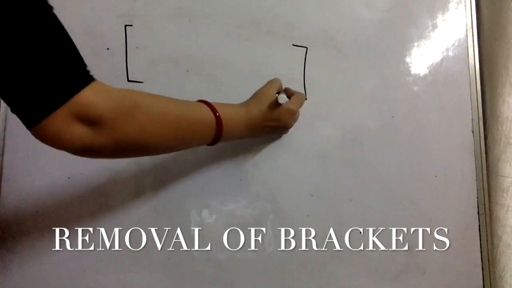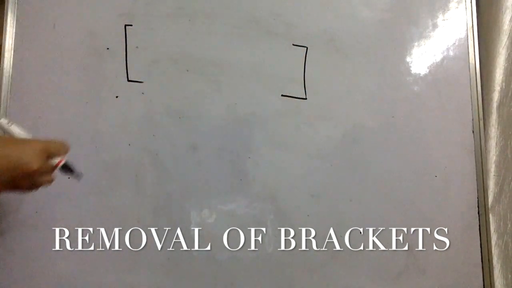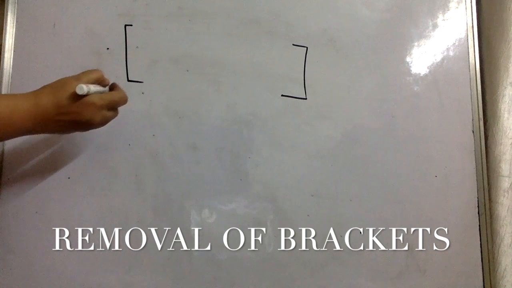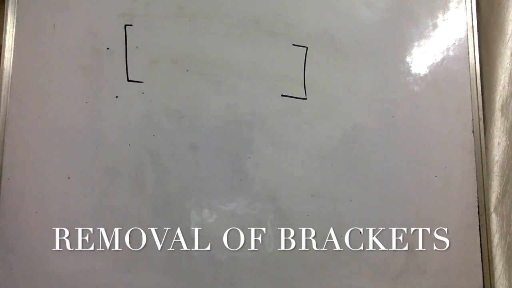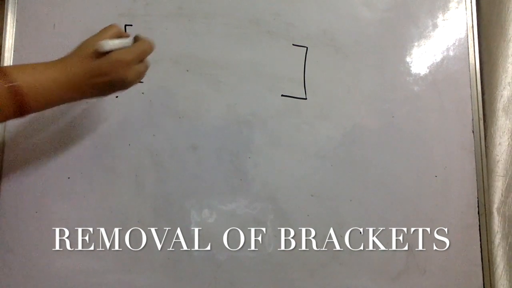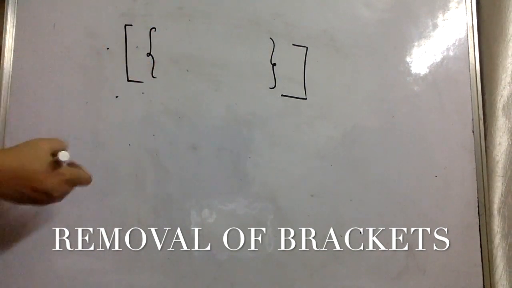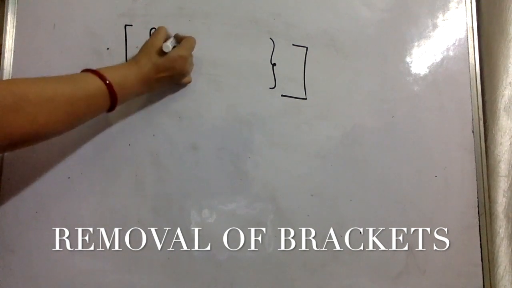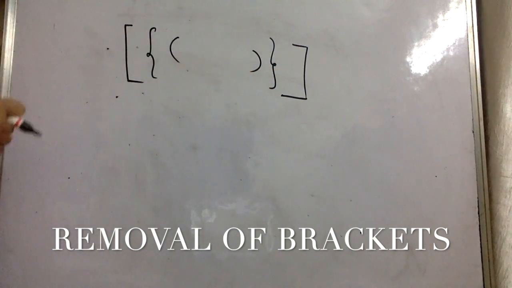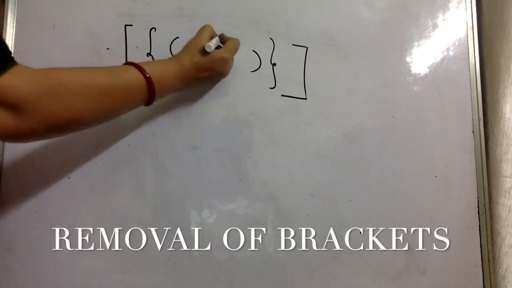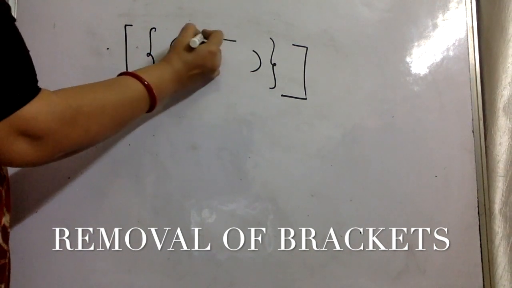Okay, this is the first bracket, the outermost bracket. And then comes the, they also call it the second bracket or the curly bracket. Okay, this is called the curly bracket. Then comes this is the bracket you are very much used to. And then comes also, this is called bar bracket also.